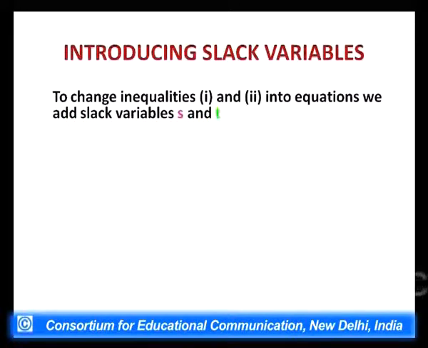To change inequalities, say our constraints were in the form of inequalities. Both the constraints were in the form of less than or equal to. We have to convert them into equalities, and this less than or equal to sign should be only an equal to sign.